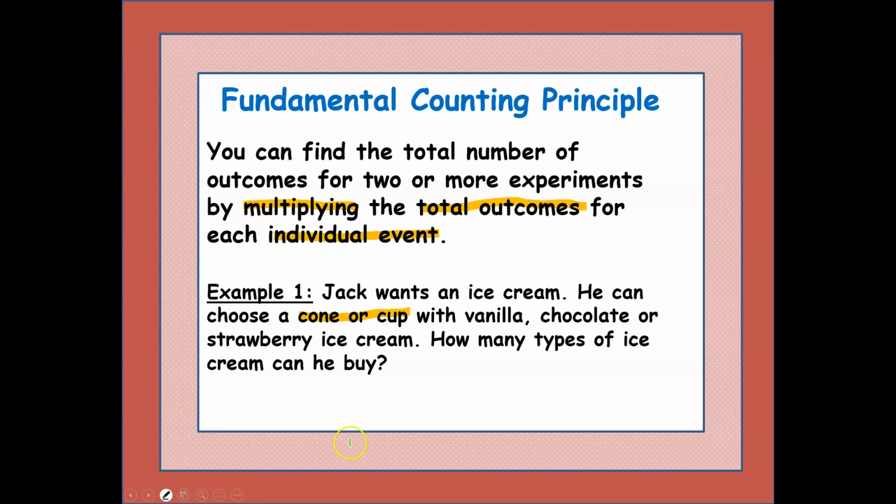His second option is vanilla, chocolate, or strawberry ice cream, so it has 3 possible outcomes. So we're going to take 2 times 3 to get 6 possible outcomes.